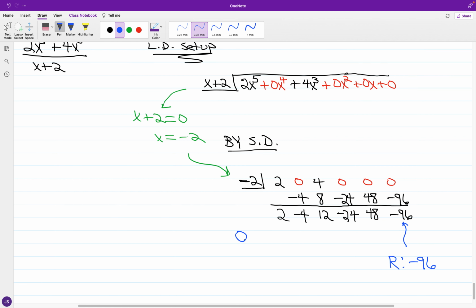And for what we have in the quotient, again, the dividend was 2x to the fifth, but once I bring down the 2, that 2 is going to represent the first term in the quotient, which would be 1 degree less than the dividend. So this time we'll have 2x to the fourth, minus 4x cubed, plus 12x squared, minus 24x, and finally plus 48.